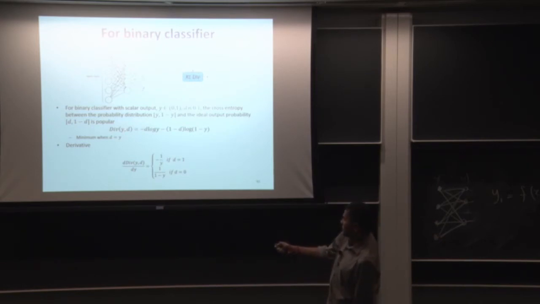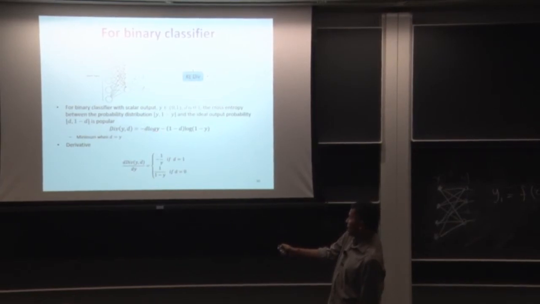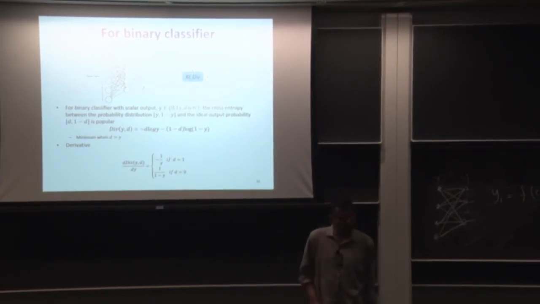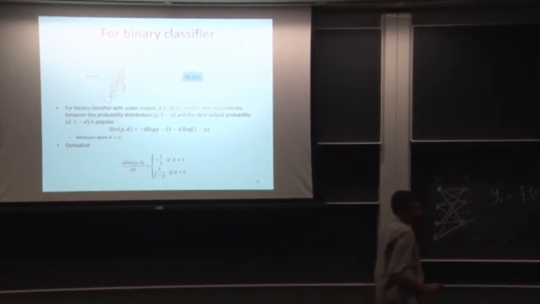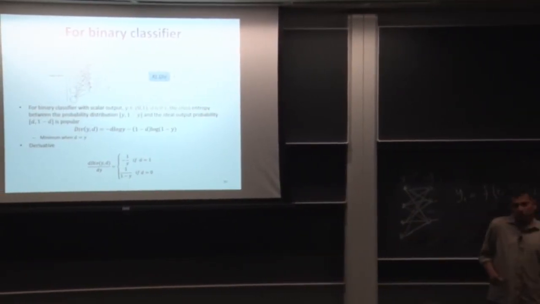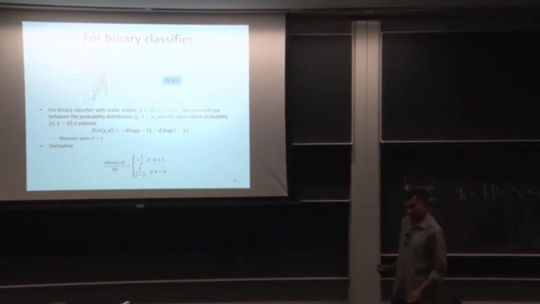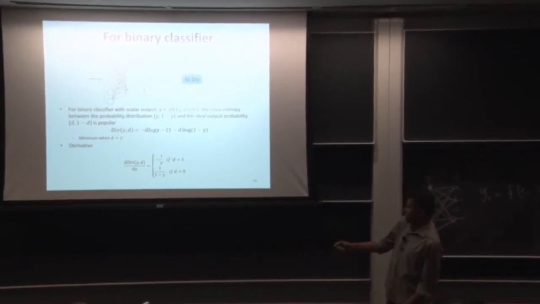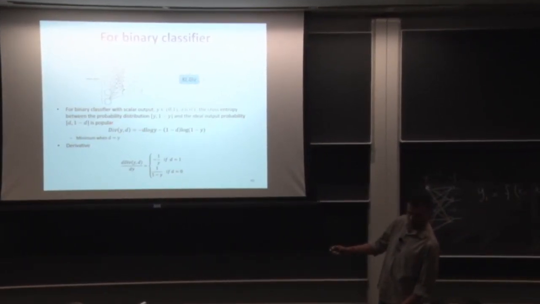Here D is the desired output, which is either 0 or 1. Y is the actual output. And it's going to be minus d log y minus (1 minus d) log (1 minus y). Now, where does this actually come from? What would happen if y is exactly equal to d? If d is 0, this is 1 times log 1.